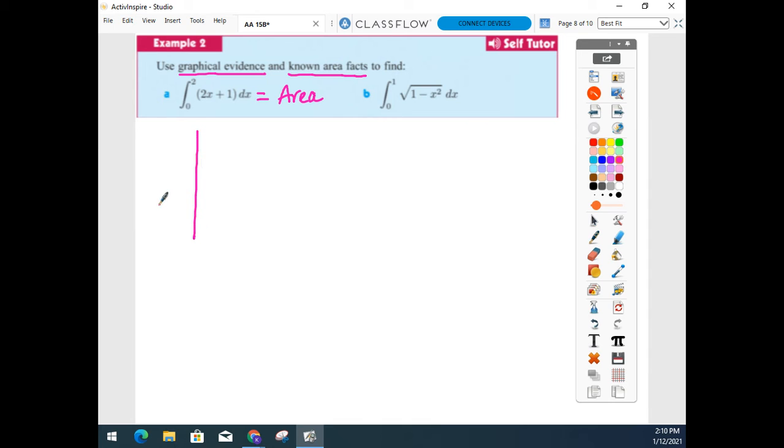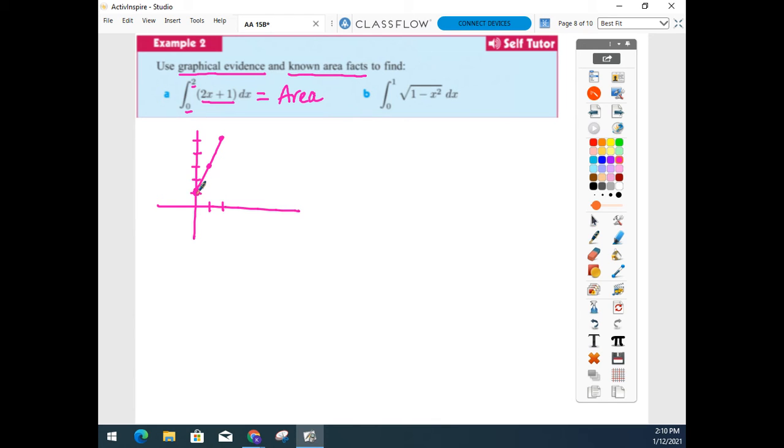So let's graph this particular equation from 0 to 2. This is just a line, y-intercept of 1, up 2 over 1, up 2 over 1. This is just a line.